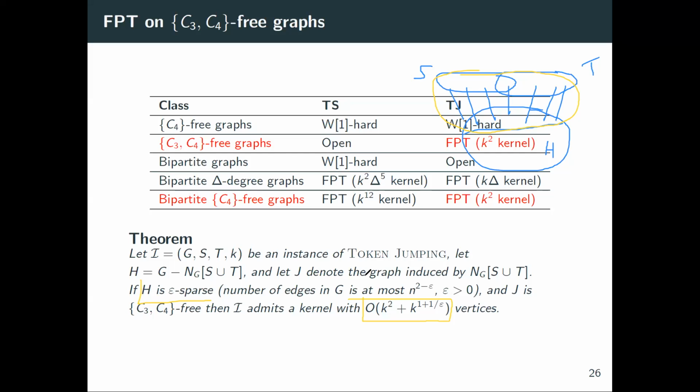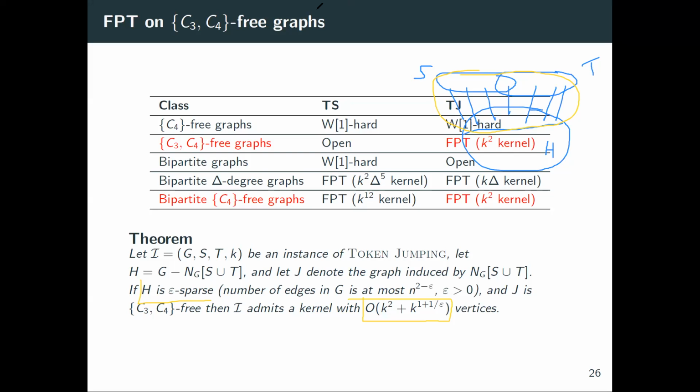So notice that we only need H to be epsilon sparse, and we only require C3, C4 freeness inside J, the closed neighborhood of S union T.